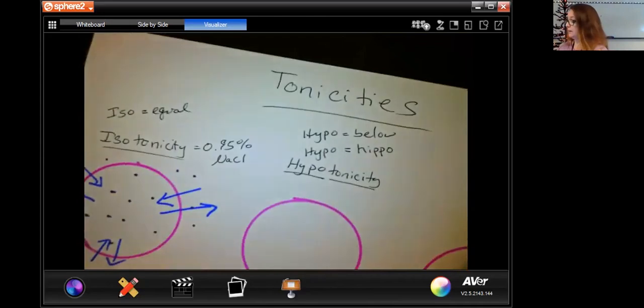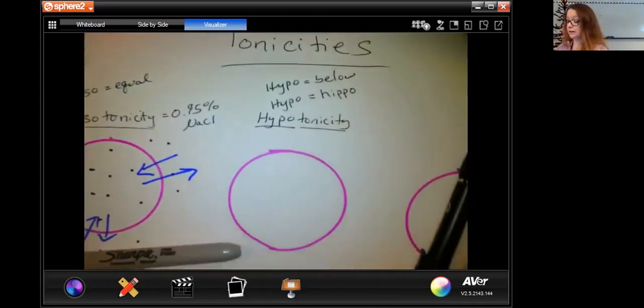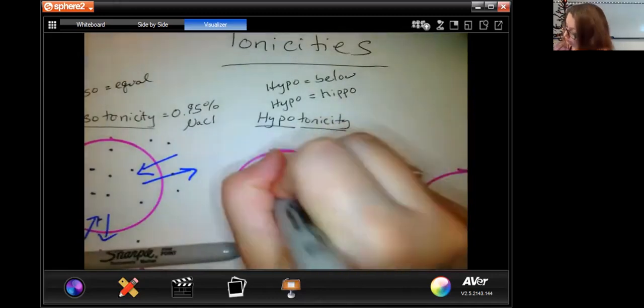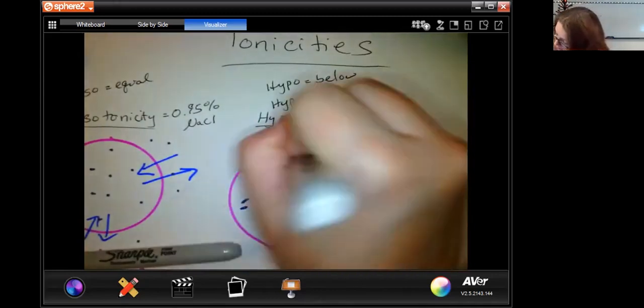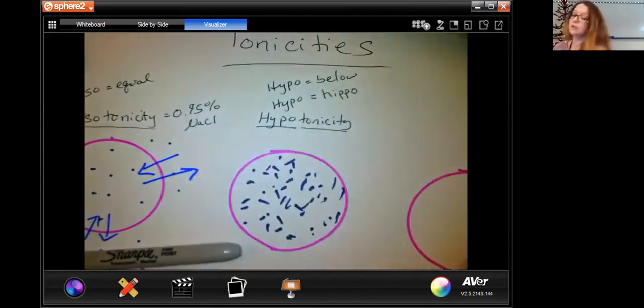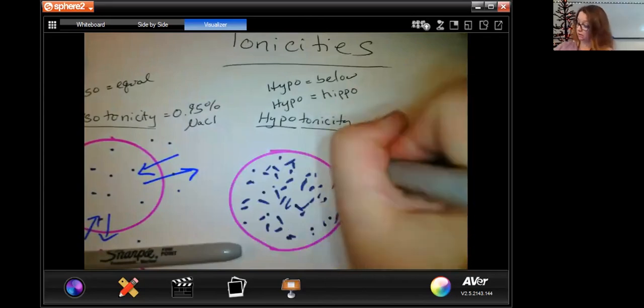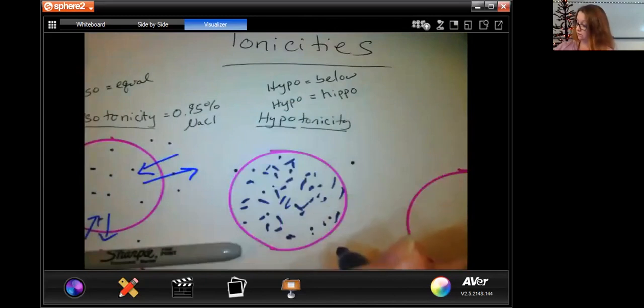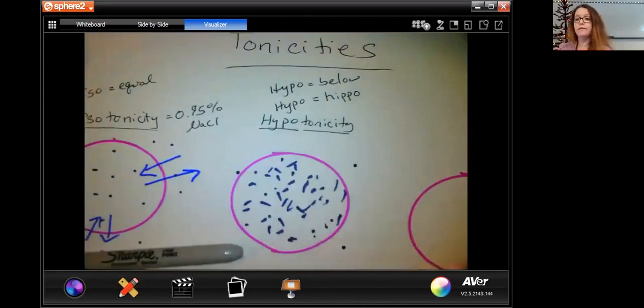Because what is happening in a hypotonic environment is my solutes are, okay, let's say that's normal for the cell. But outside, I have very few solutes outside the cell.